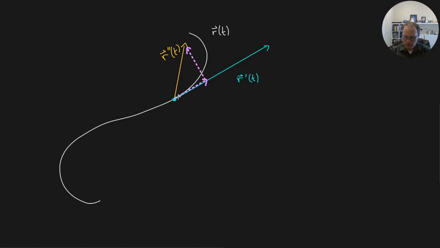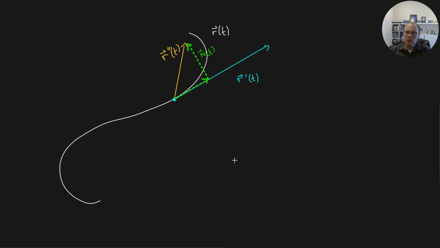Maybe I should color these green, actually. So the unit normal vector points in this direction. It won't necessarily have that magnitude, but it points in that direction.